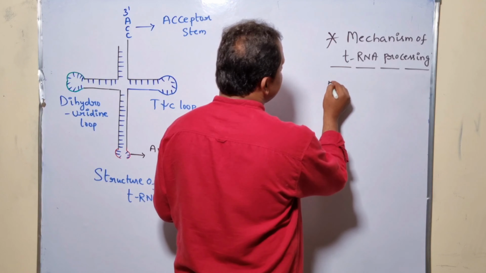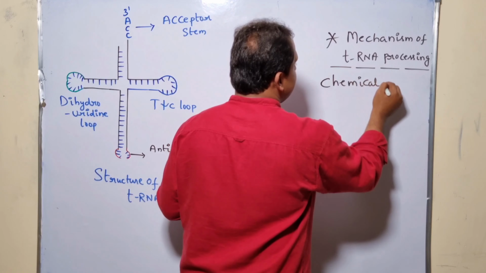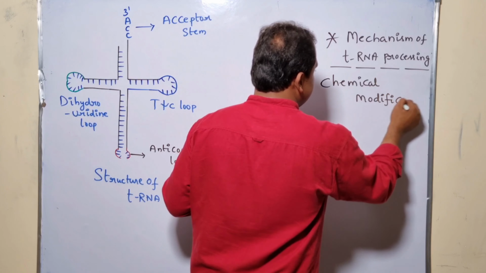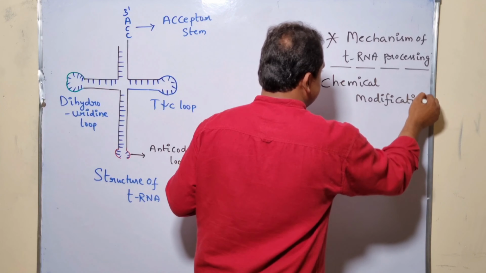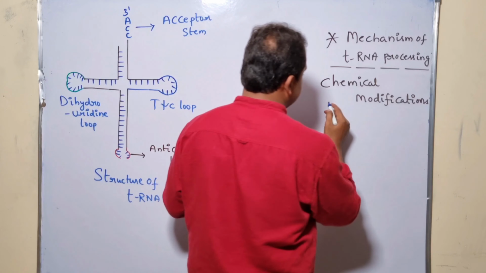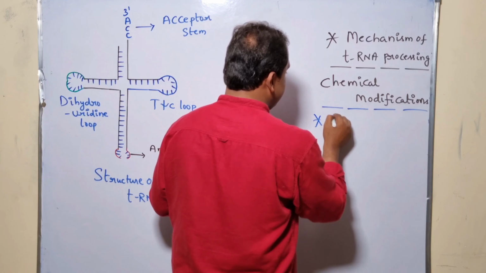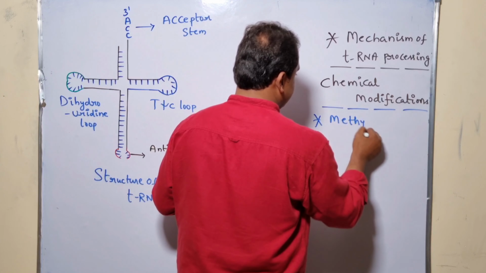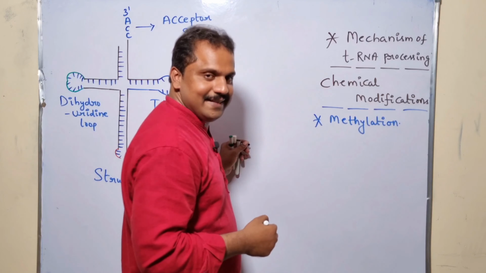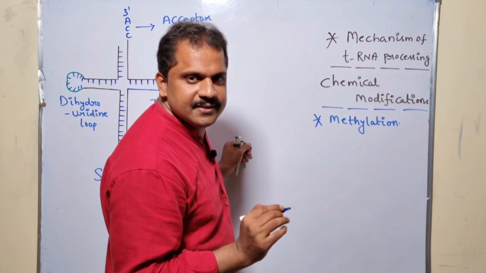So the various chemical modifications which occur in the structure of the tRNA include methylation, isomerization and deamination.